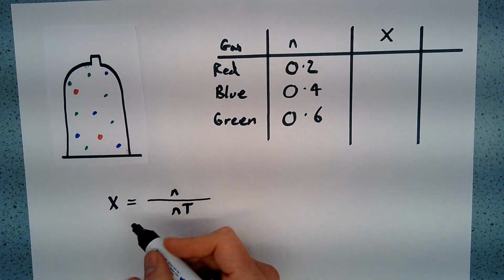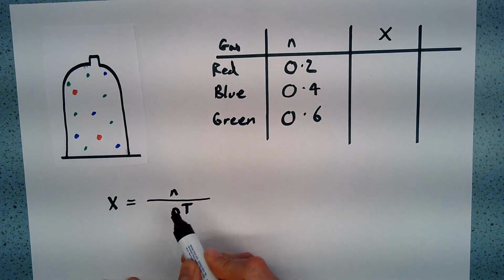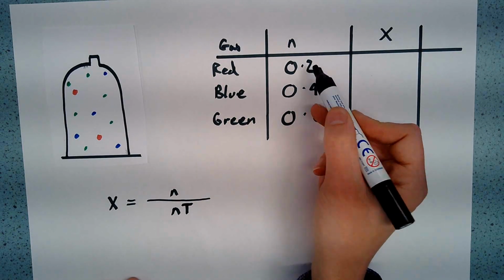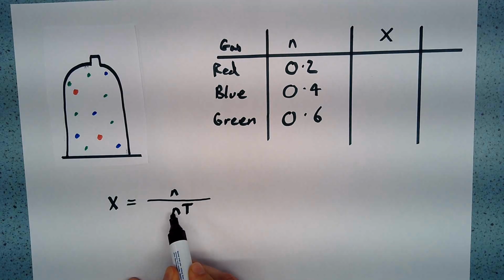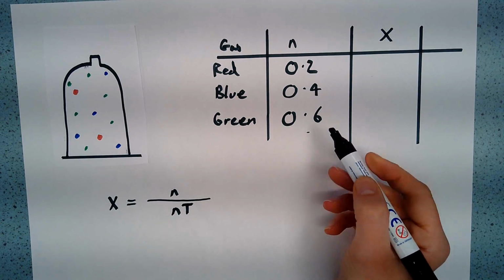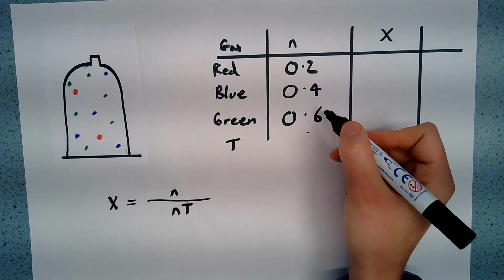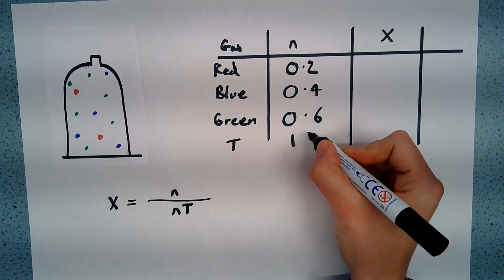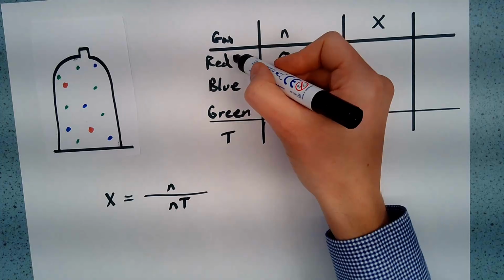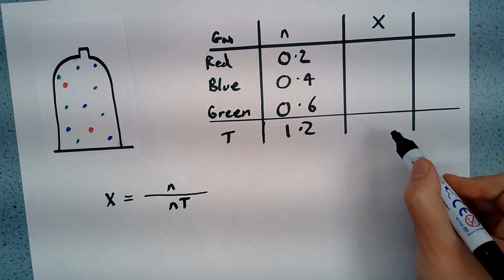So if I look at the red one, the mole fraction of the red gas would be the number of moles of the red gas present in the mixture, which is 0.2, divided by the total number of moles of gas. The total number of moles of gas in this case is 1.2. If you take a fraction of each gas, the total fractions should add up to 1.